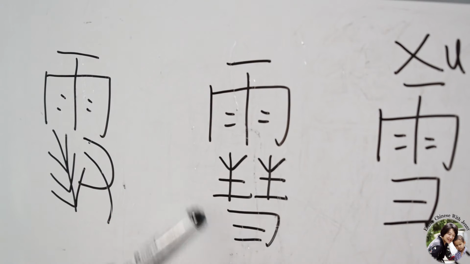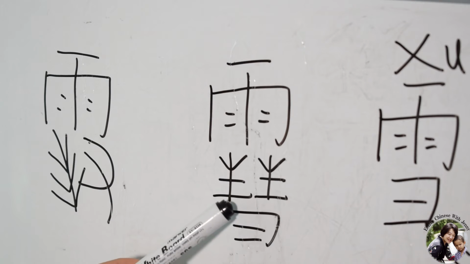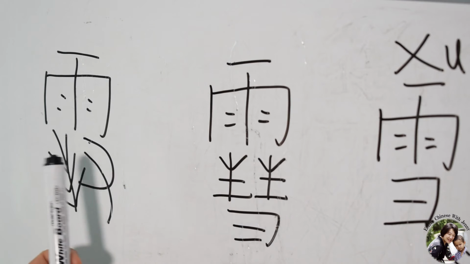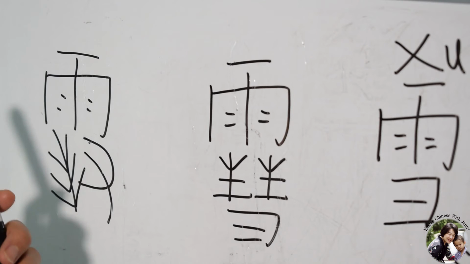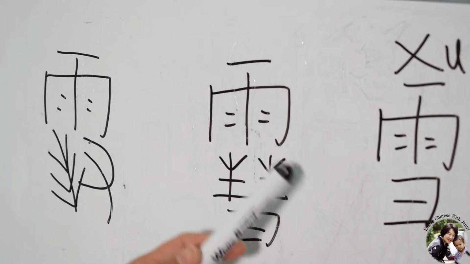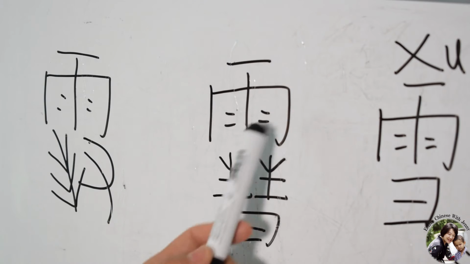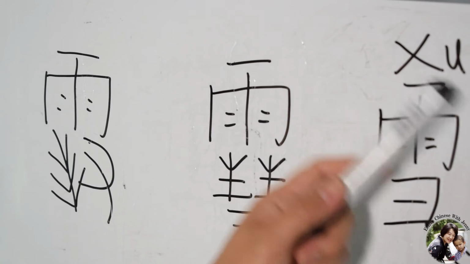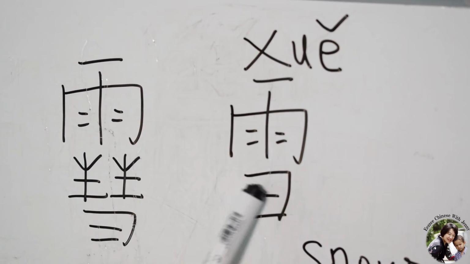Actually, this lower part means comet. Remember the comet, when it crosses the sky, it has a shape like a broom. So Chinese call this comet with a character of broom inside. But anyway, it's simplified currently like this, with rain on the top, and this shape on the bottom means snow.